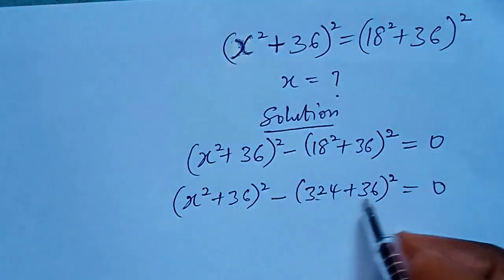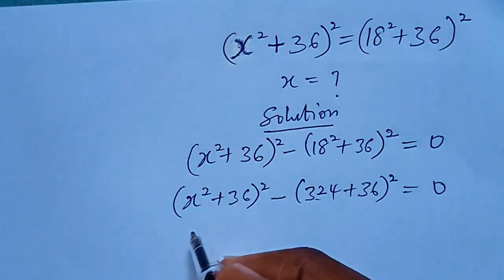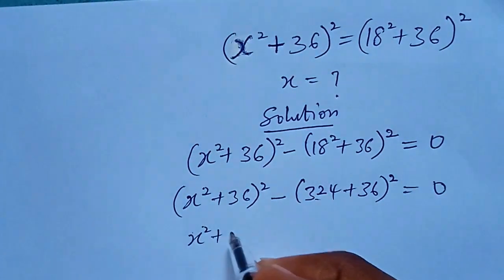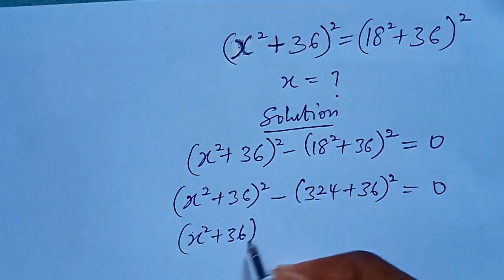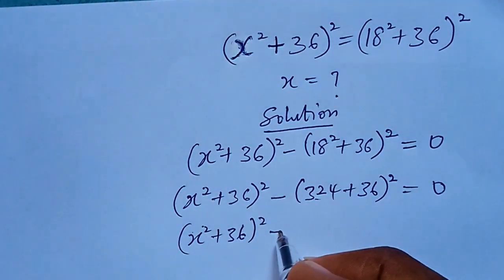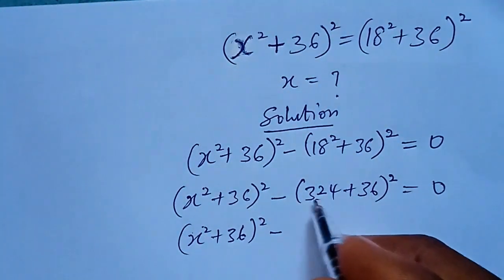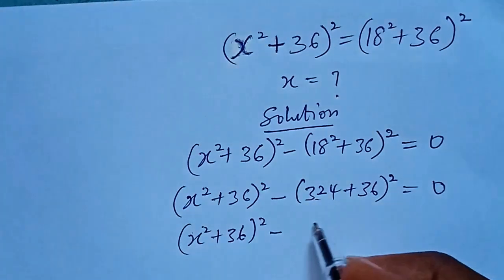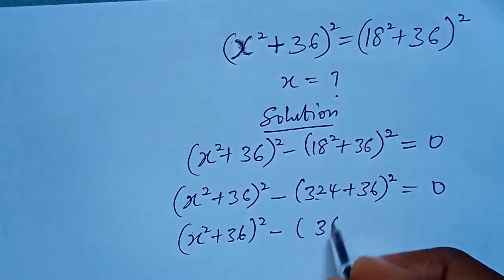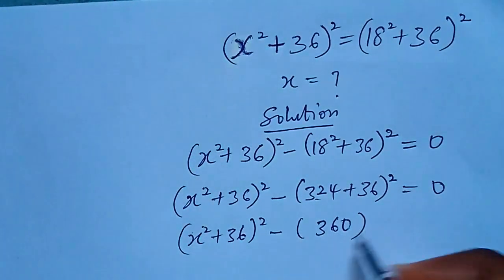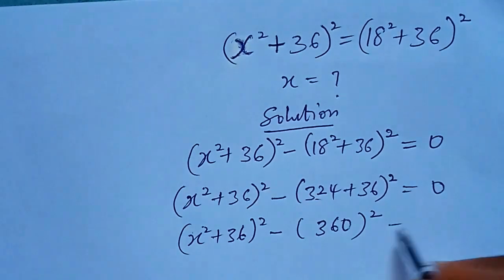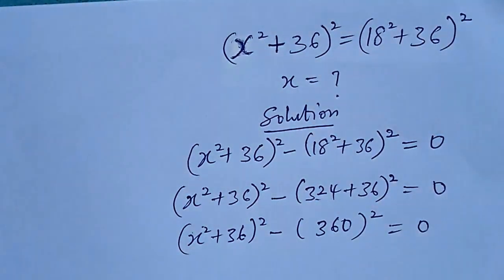Here we add this together: (x squared plus 36) raised to power 2 minus, if we add this together, that gives us (360) raised to power 2 equals 0.